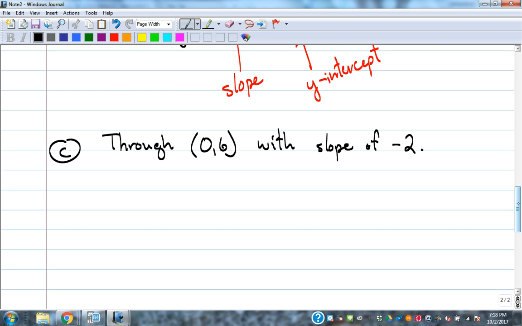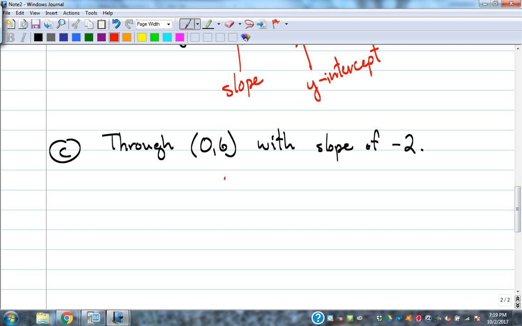It's on the y-axis. You start at the origin, you'd go up 6 on the y-axis and put a dot. That's where 0, 6 is at. So that means 0, 6 is the y-intercept because it's on the y-axis. A line can only have one y-intercept. Can't have 2, can't have 3, can't have any more than one. Can only have one. So 0, 6 is the y-intercept.